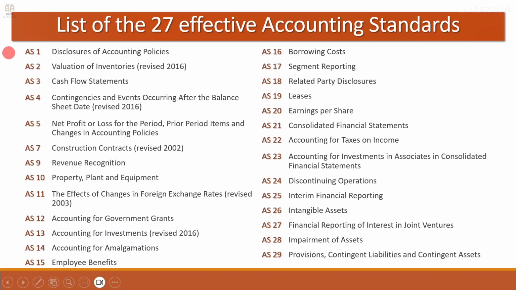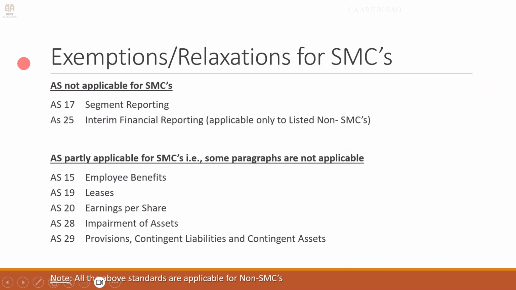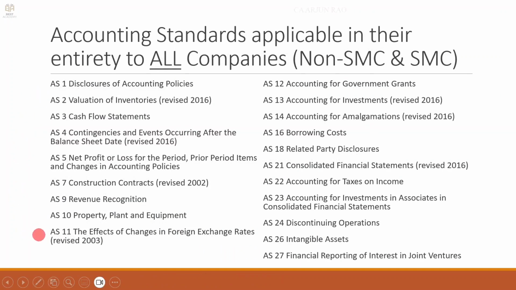Okay, so this contains all the 27. From this you just need to remember for SMCs all these are not applicable either in full or partly, and then you get the balance, right? So for companies it's quite easy to remember.